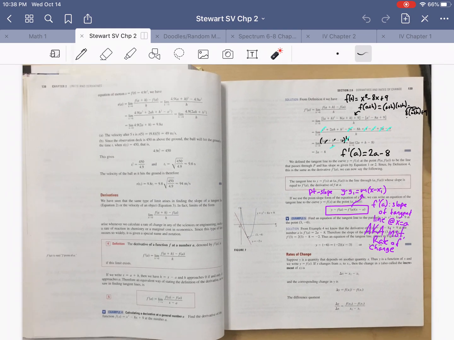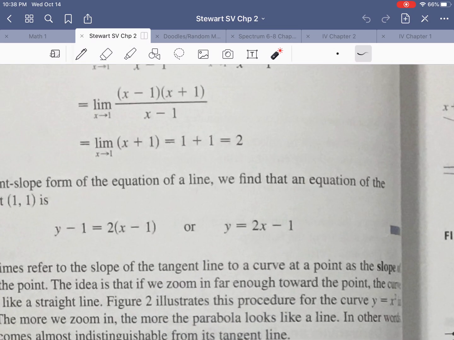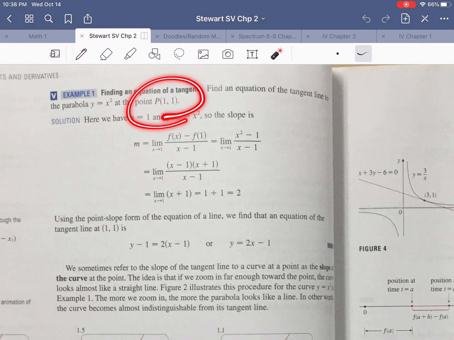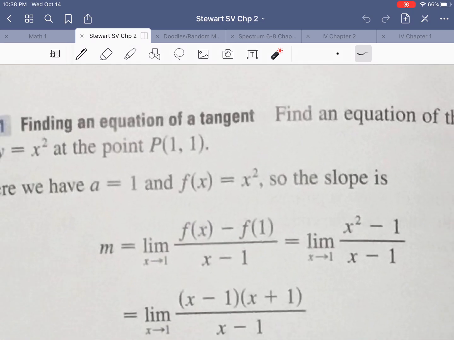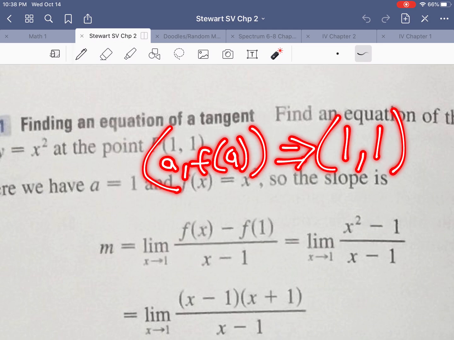So if we go back to what we were just looking at, we just found out that our slope is 2. So our derivative is 2, and our point was (1, 1). To be very clear, this is (a, f of a), which is our point (1, 1).